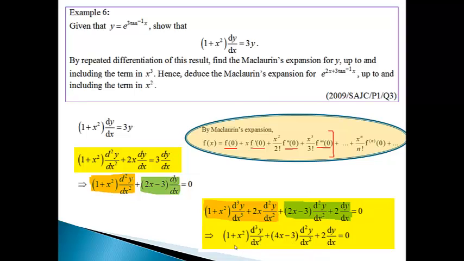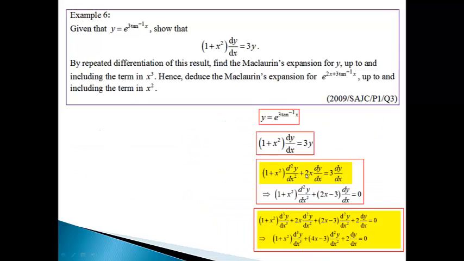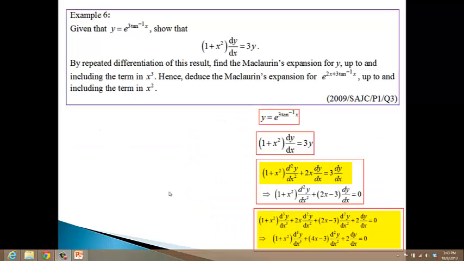So simplifying, I should be able to get this as the end result, involving x, dy dx, d2y dx squared and d3y dx cubed. Right, so to find the Maclaurin's expansion for y up to and including the term in x cubed, as mentioned earlier, I need to find the value of y, dy dx, d2y dx squared, and d3y dx cubed when x is 0.